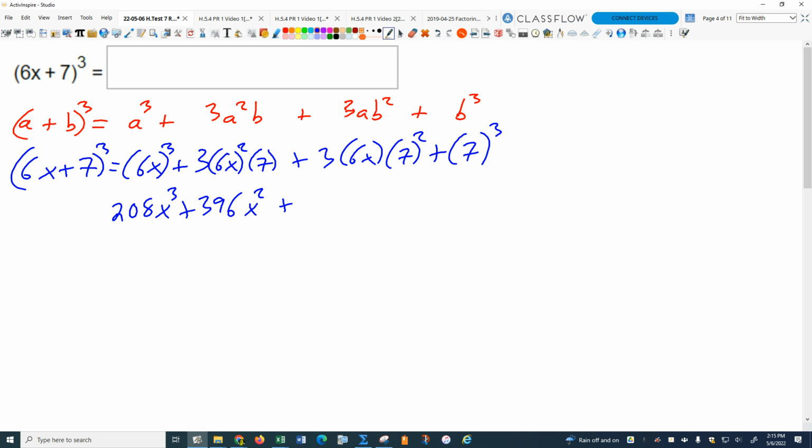So 900 minus 18, that's 872x, plus 7 cubed is 343. Okay, is that right?